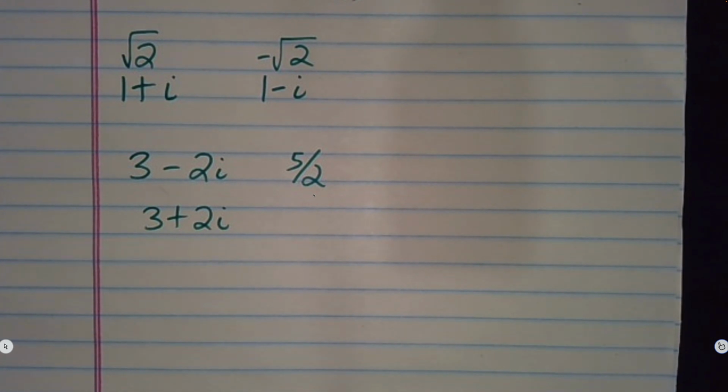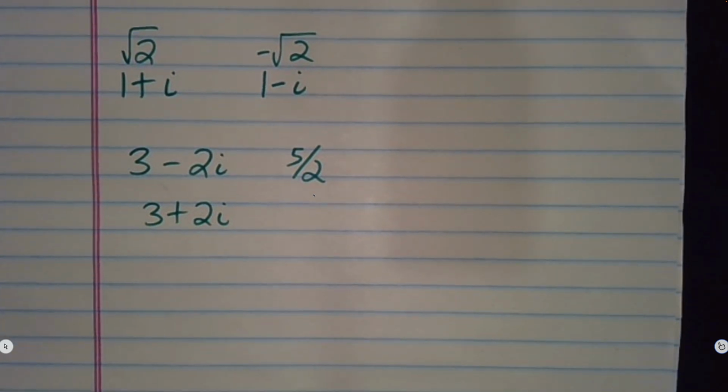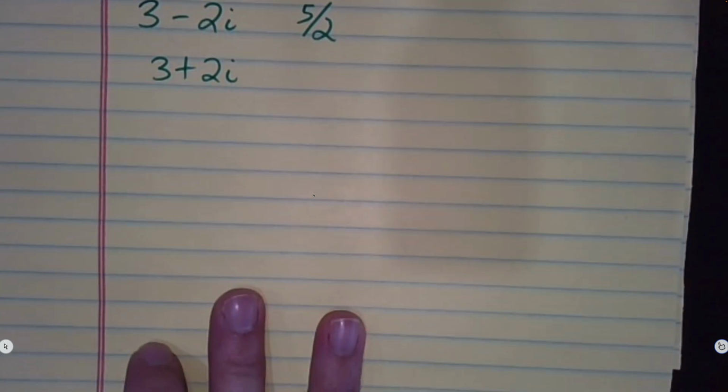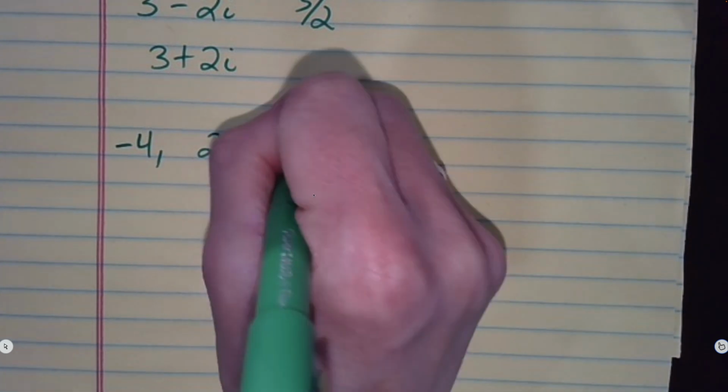Next one. This one says there's a 3rd degree polynomial with the following roots, and they want us to write the polynomial. Here are my roots, -4 and 2i. What do you think my 3rd root's going to be? -2i.